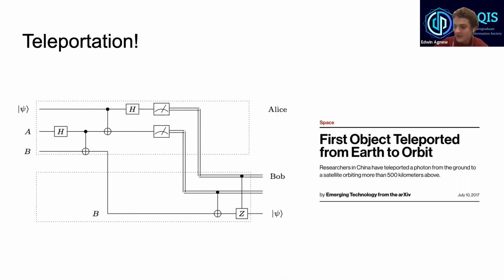And this has been done in the real world. Some researchers in China, as this article is describing, sent a photon into space using teleportation, which I think is very cool. And people also have hopes of using teleportation to create a quantum internet.